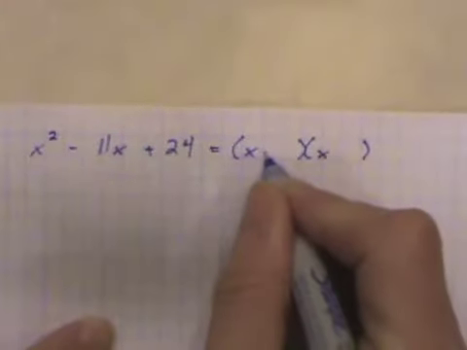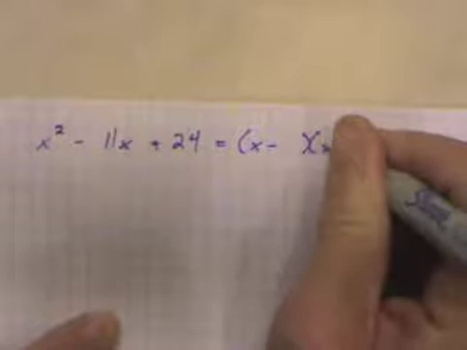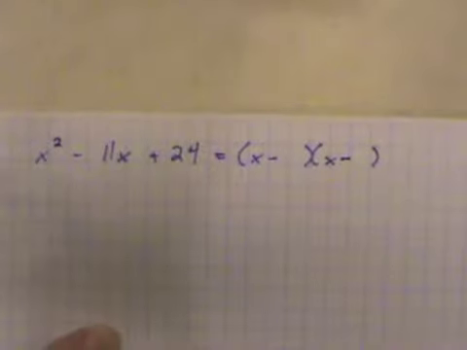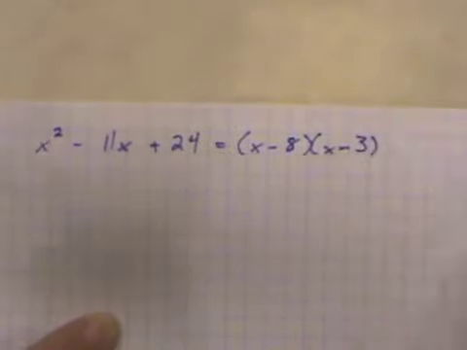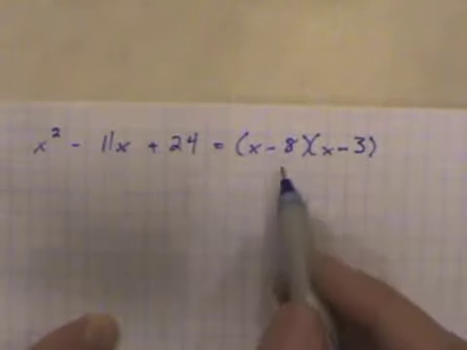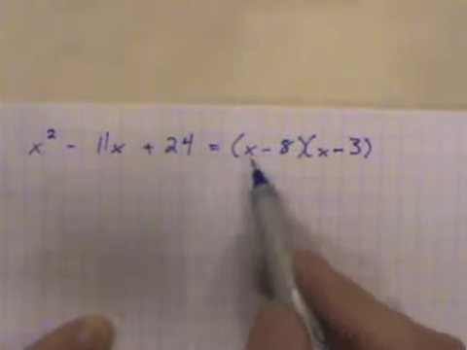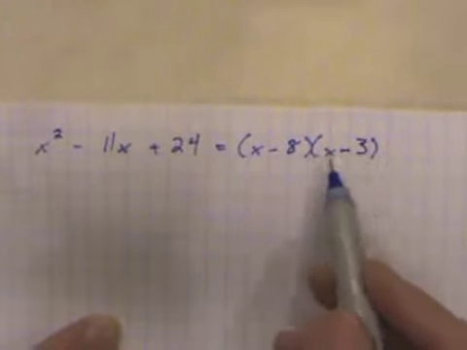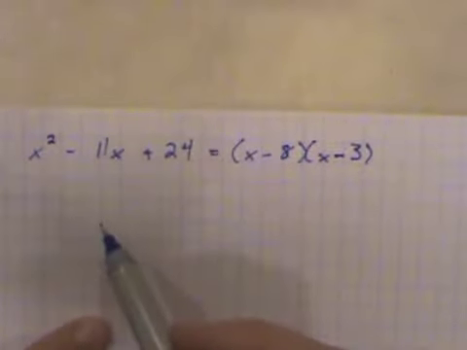So this is going to be x minus, and this is going to be x minus. And hopefully you realized we need an x minus 8 and an x minus 3. Why? Negative 8 times negative 3 gives us positive 24. Negative 8 plus negative 3 gives us negative 11.